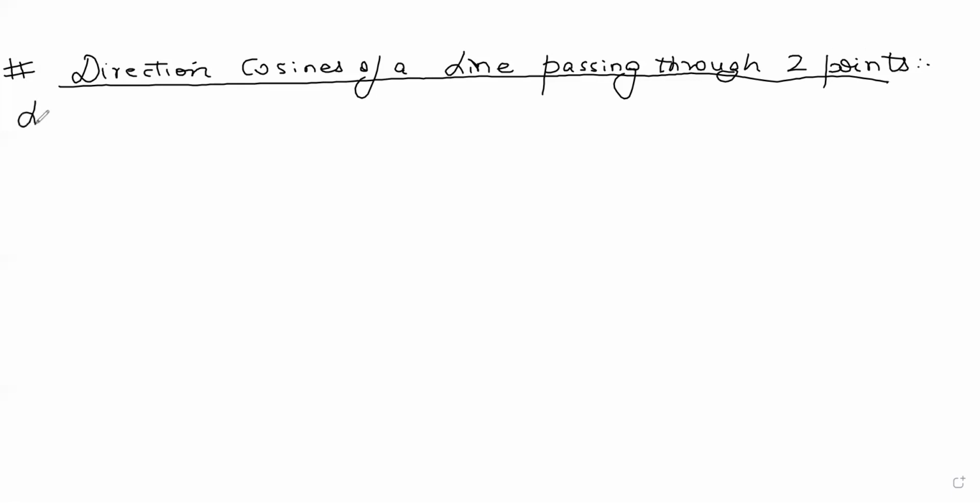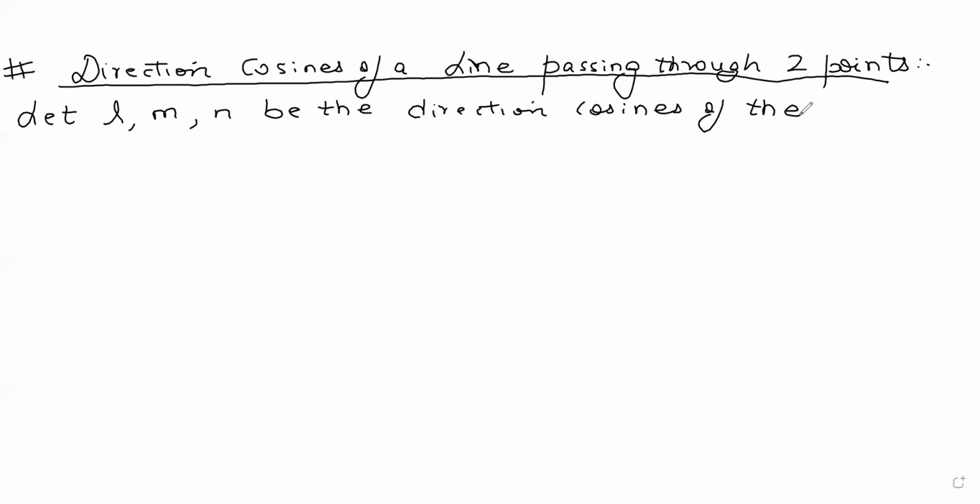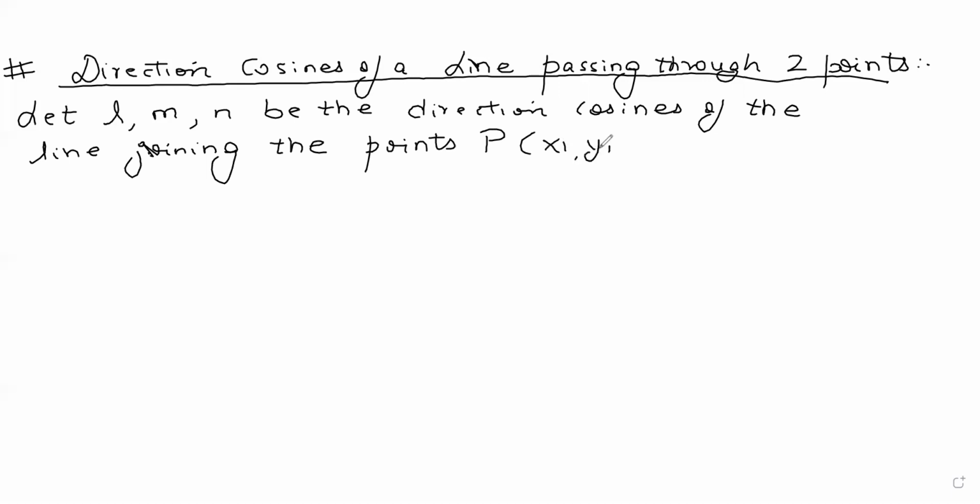Let L, M, N be the direction cosines of the line joining the points P, which is x1, y1, z1, and Q, which is given by the coordinates x2, y2, and z2.